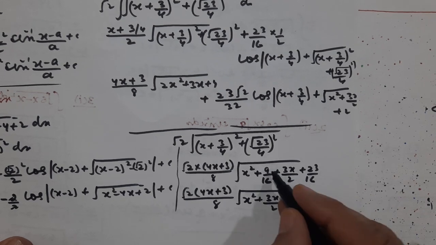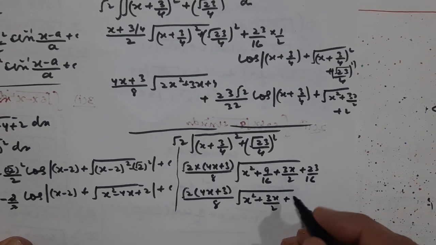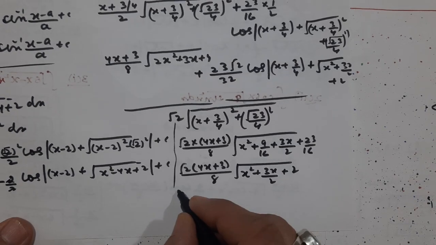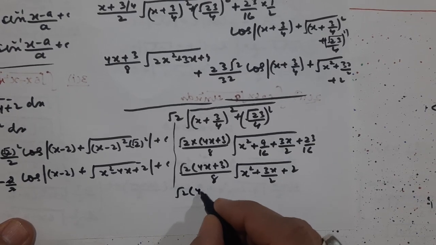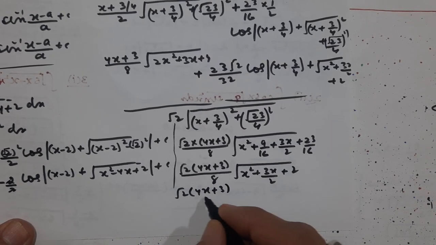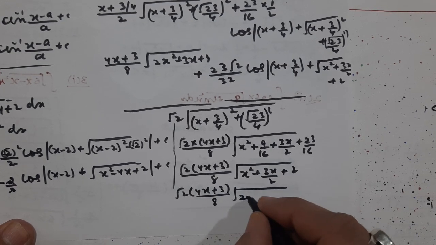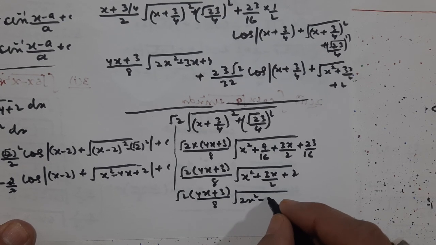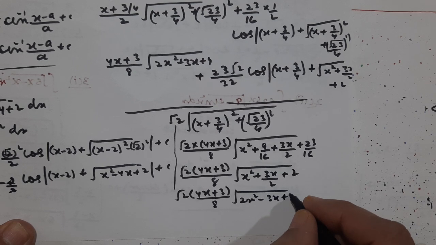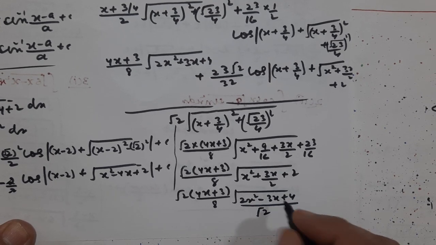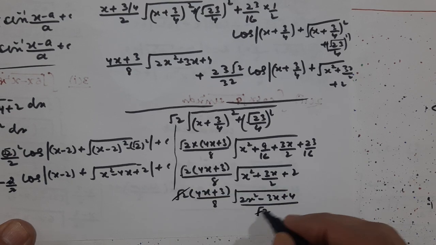Now this is 32/16, which is 2. Now when we take the LCM, what do we get? We are getting 2x square plus 3x plus 4, and when this 2 comes out of the root, it becomes root 2, and we cancel these two.